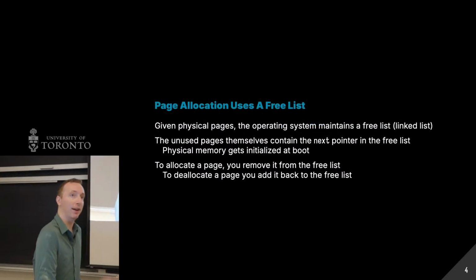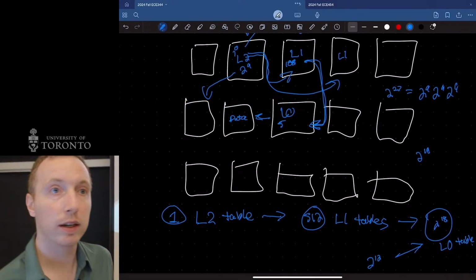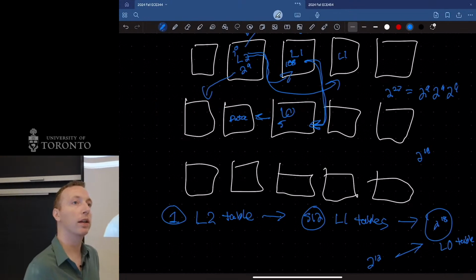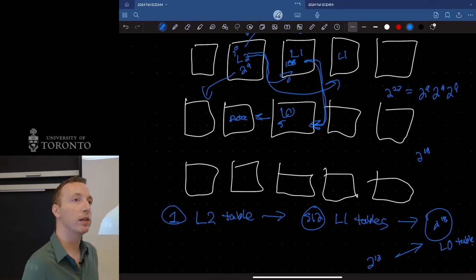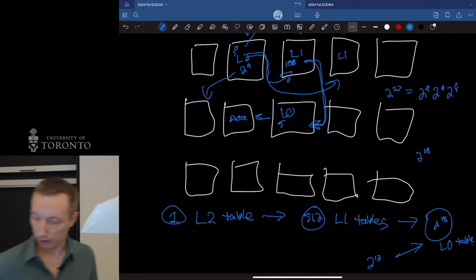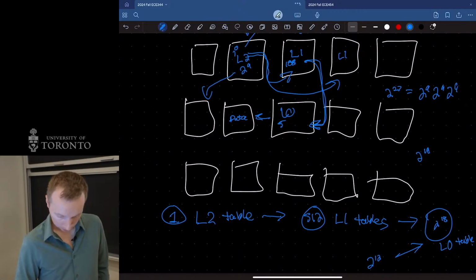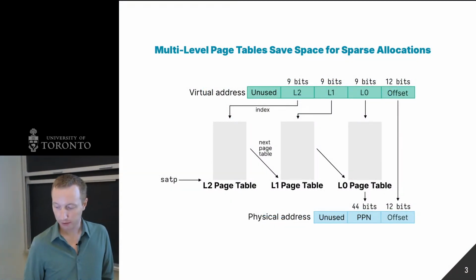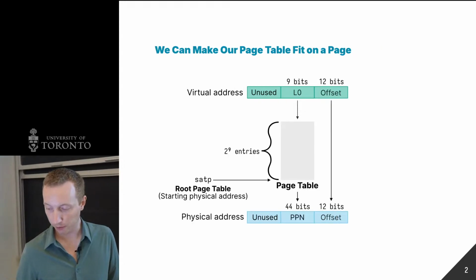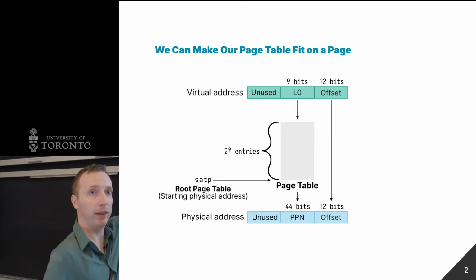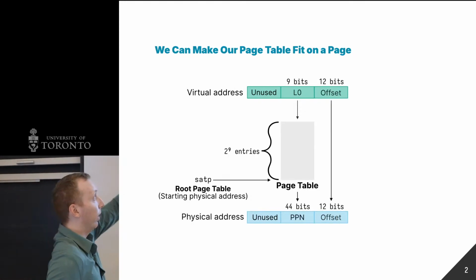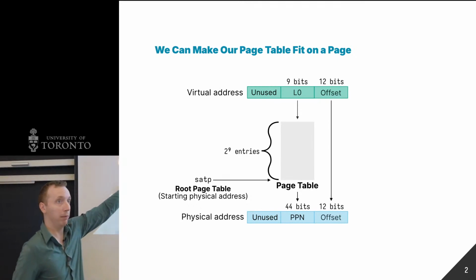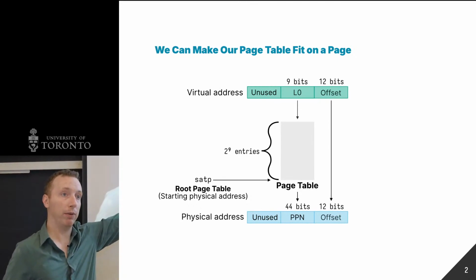So yeah. I don't really get what you mean by one L2 table points to 512 L1 tables. So, slide. So here in this L2 page table, right? When we said everything fits on a page, that page table can have 2 to the 9 different entries, right?